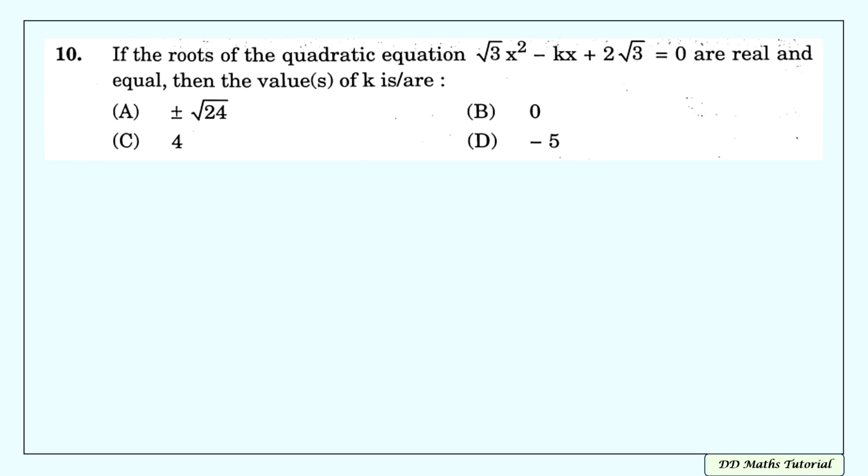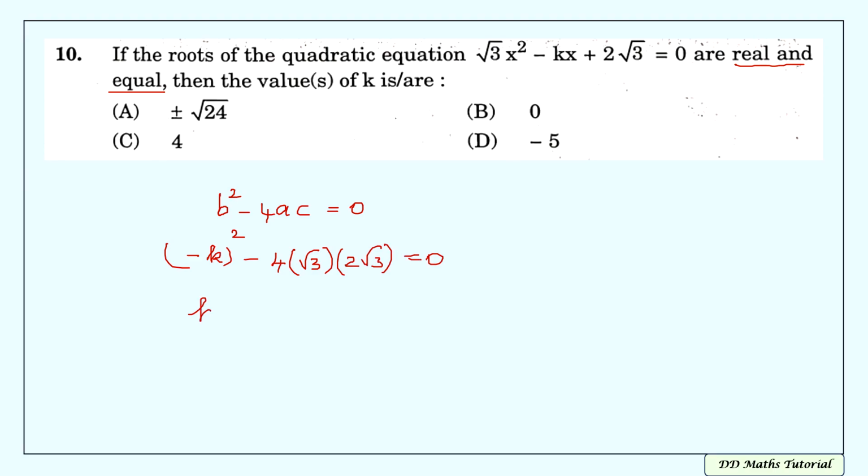If the roots of the quadratic equation are real and equal. So when the roots are real and equal, we'll have the discriminant equal to 0. That is b square minus 4ac is equal to 0. So from the equation, what is b square minus 4ac? Minus k the whole square minus 4 into root 3 into 2 root 3 is equal to 0.